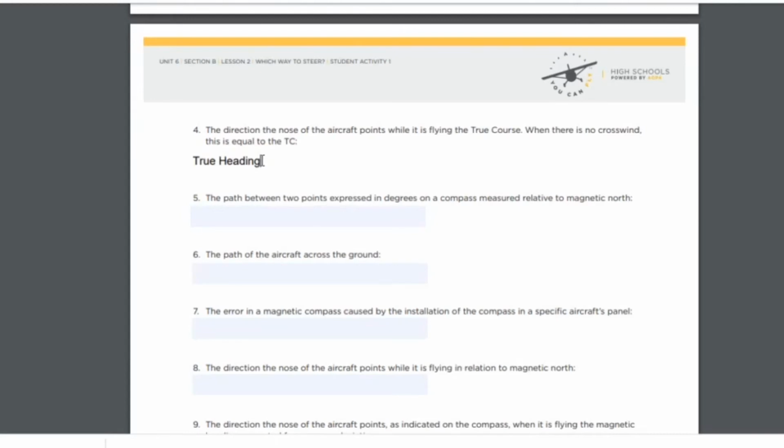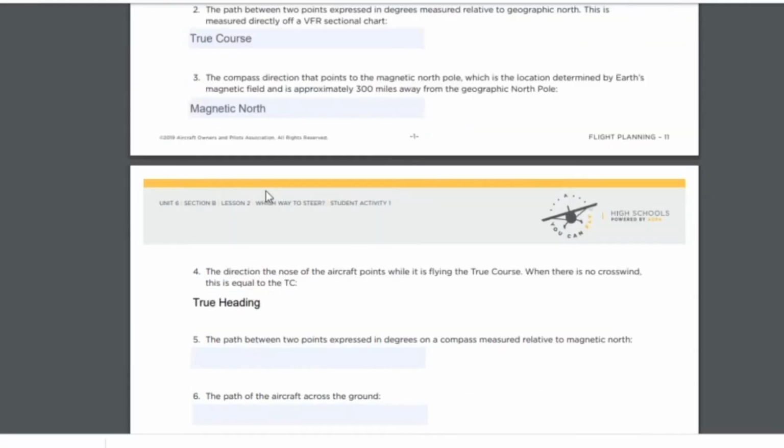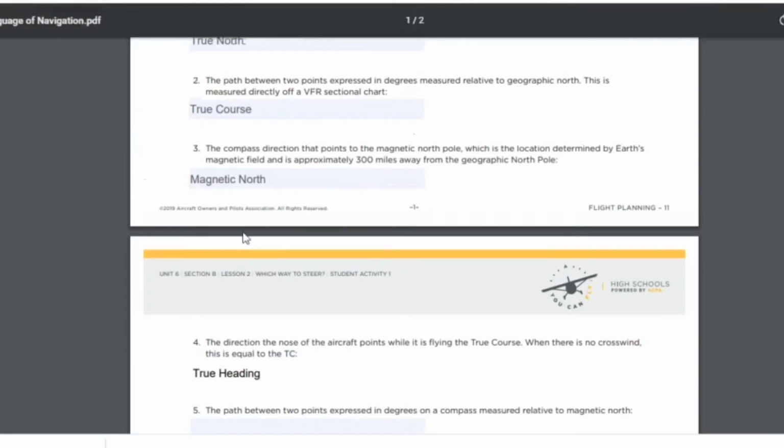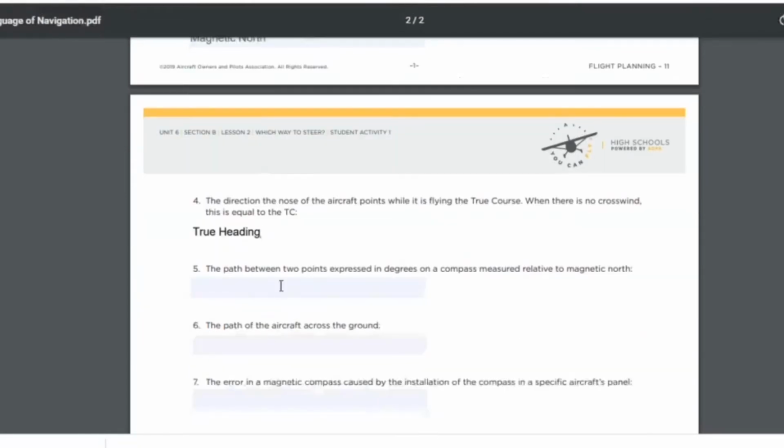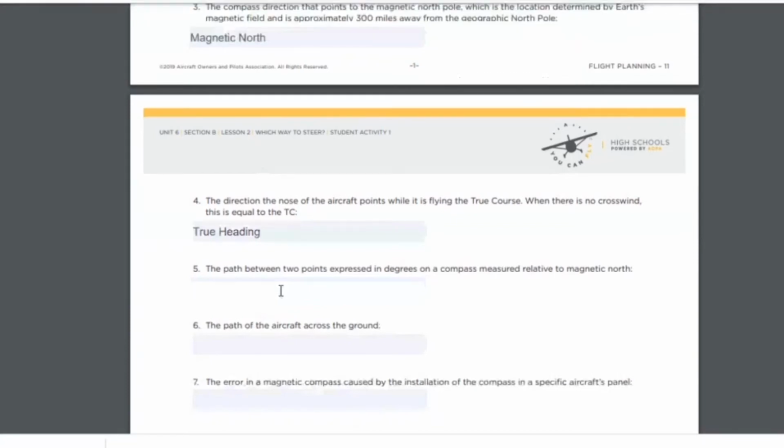Now, you have the true north, and then you have the magnetic north. The difference in direction between those is called variation. So if you correct your true course for variation, you're going to get what we call a magnetic course.